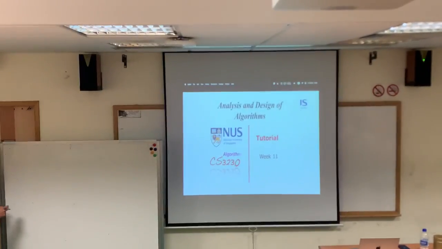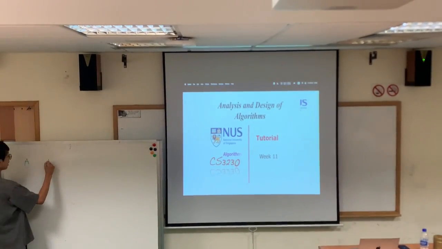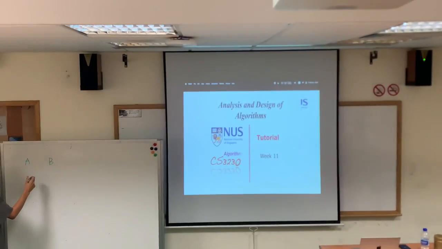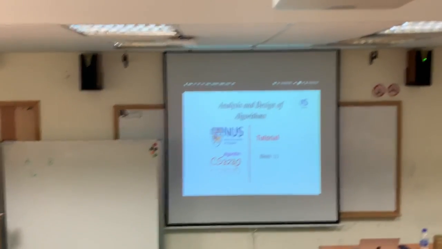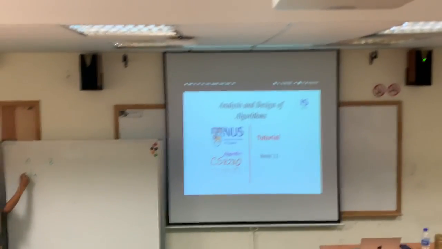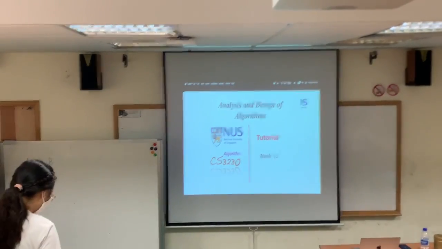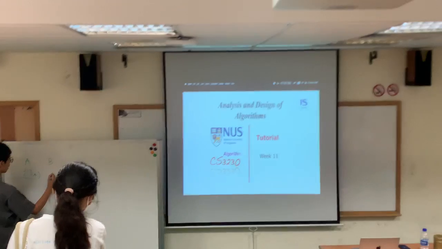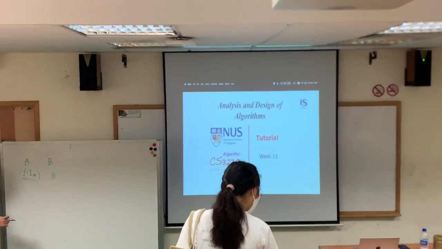Let's say you have a problem A and a problem B. Given an input of A, you can apply some function such that it becomes an input of B, and then you solve problem B with respect to this input, and you get some output from B.